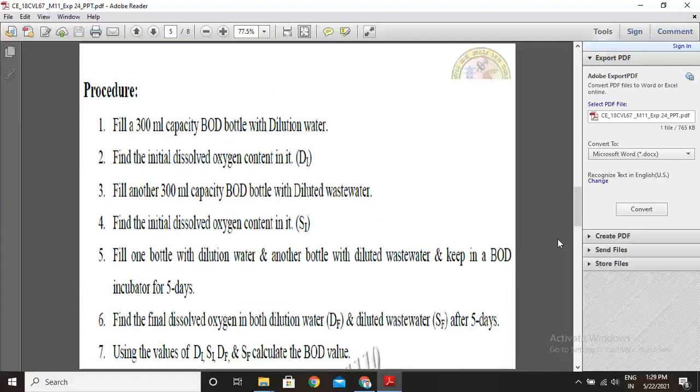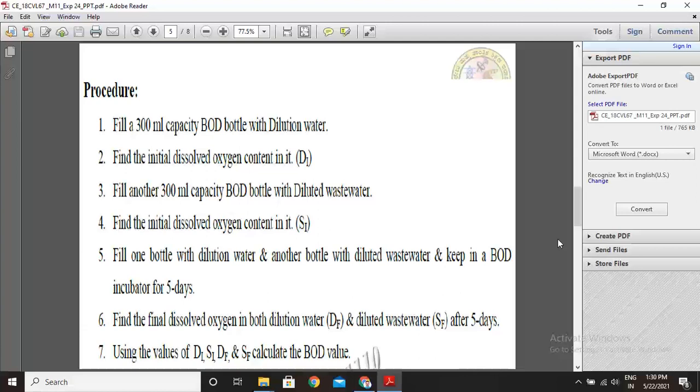Now the procedure, how this experiment is executed. First, fill a 300 ml capacity BOD bottle with dilution water.